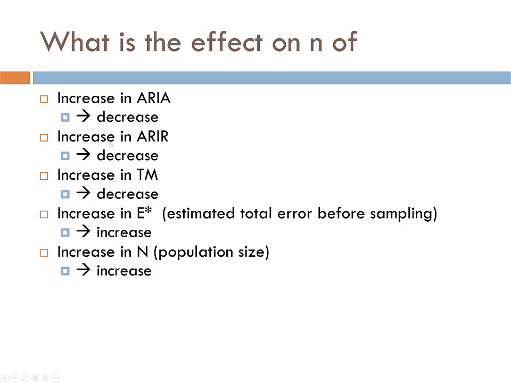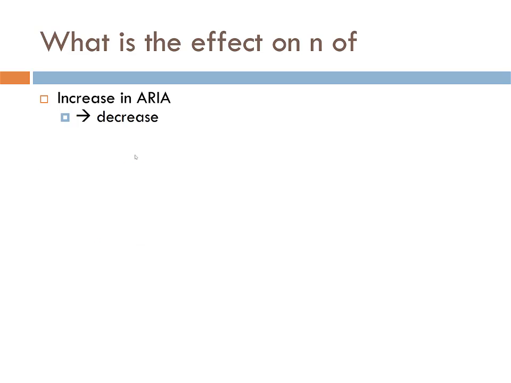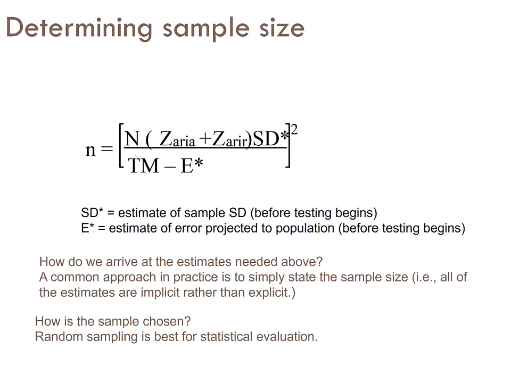Effectively, here's the answer, and you guys can work through these to figure out why if you increase AREA, you decrease sample size. If you had this formula on the prior slide, all you have to do is plug in numbers. Increase AREA, that's in the numerator, a higher number on the numerator, keeping everything else constant, would make that n go down.